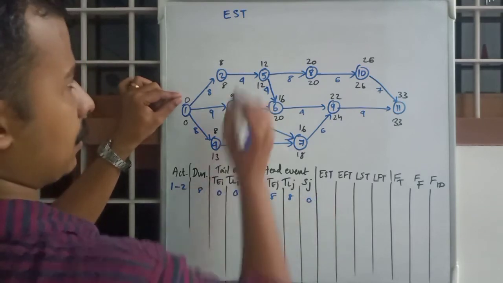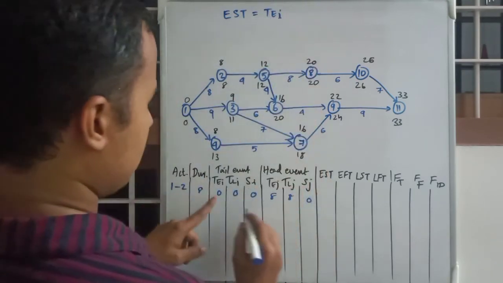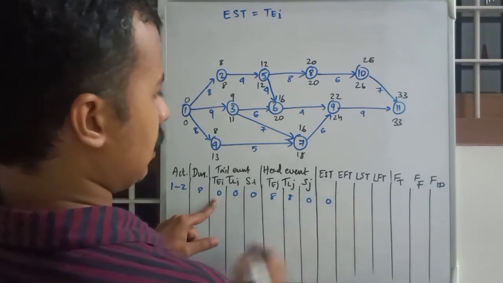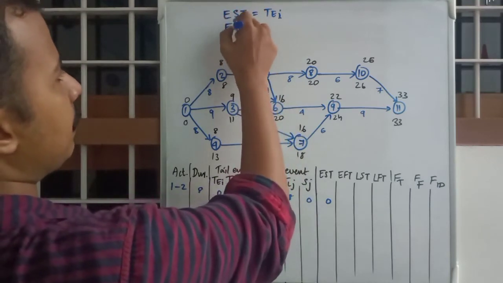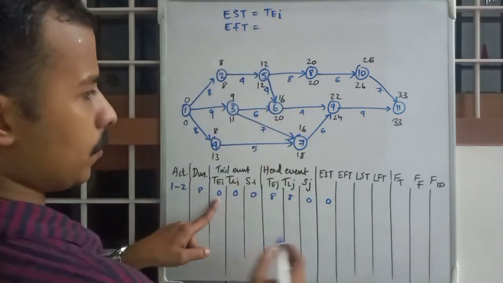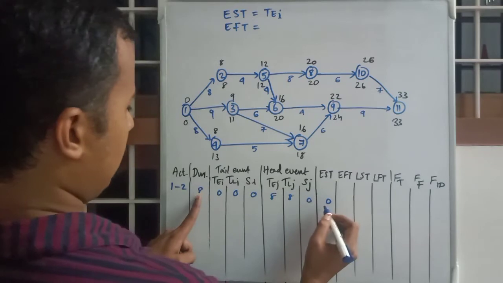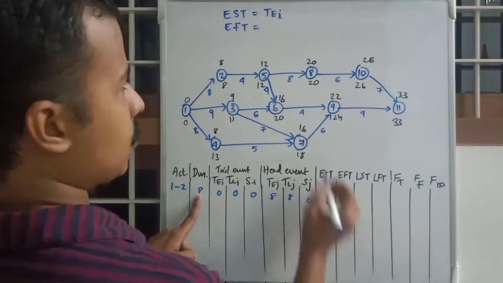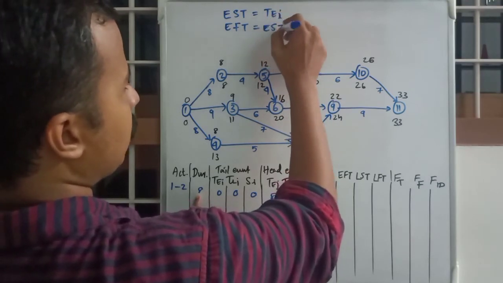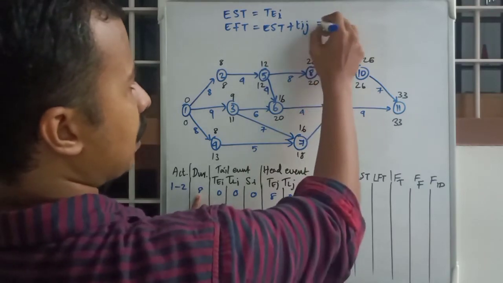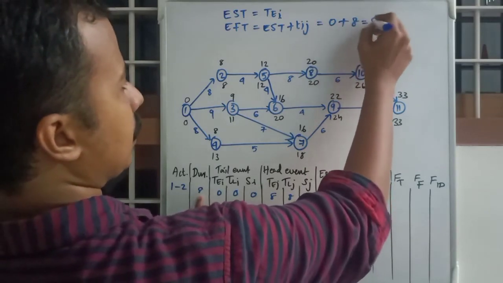EST was equal to TEI, so just write TEI as EST. Okay, so what was EFT? EFT was equal to EST plus duration TIJ, right? So in this case 0 plus 8, that is 8.